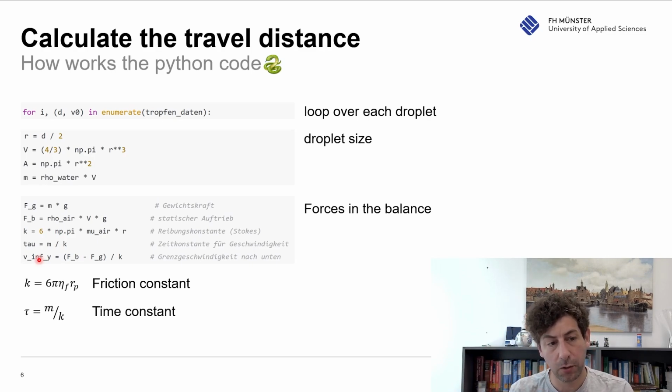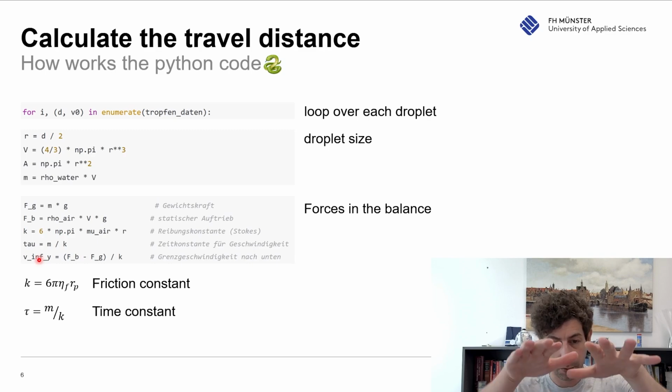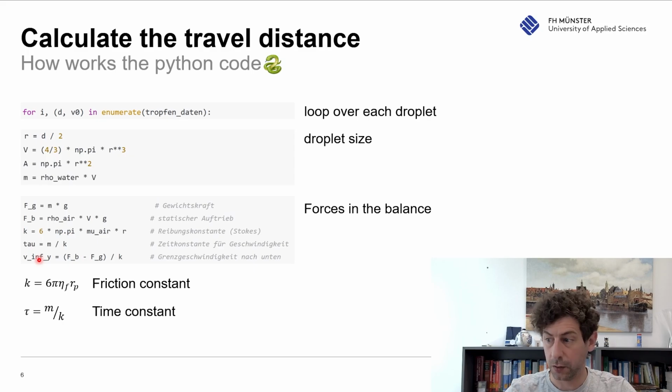This means the droplet will have a final velocity with which it's falling down. It's not going to infinity once it reached its final velocity, and that's the velocity we calculated in the previous videos as settling velocity or terminal settling velocity.